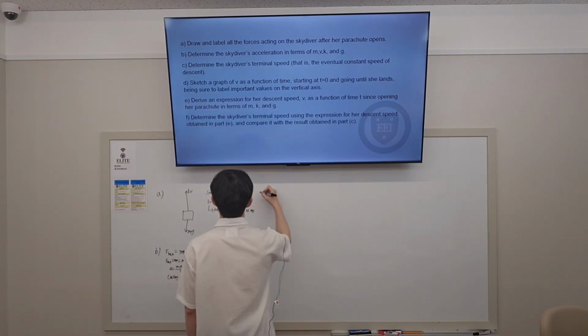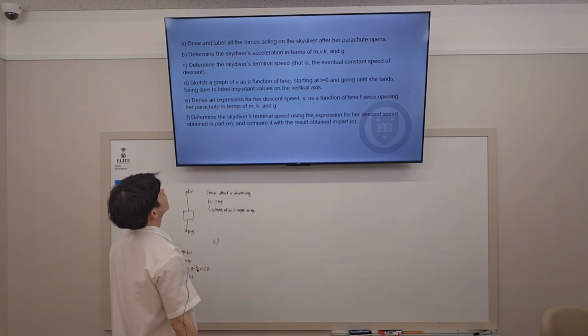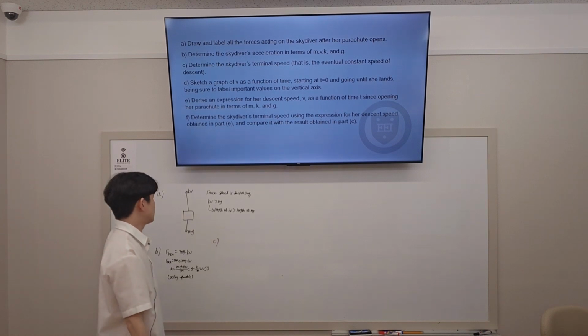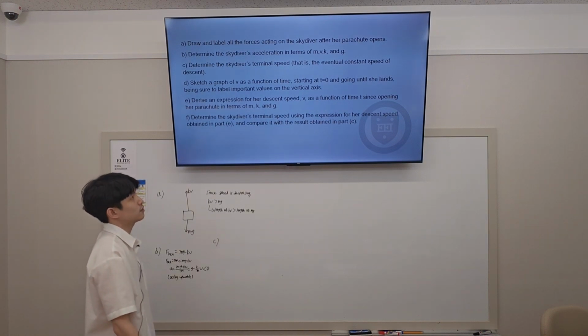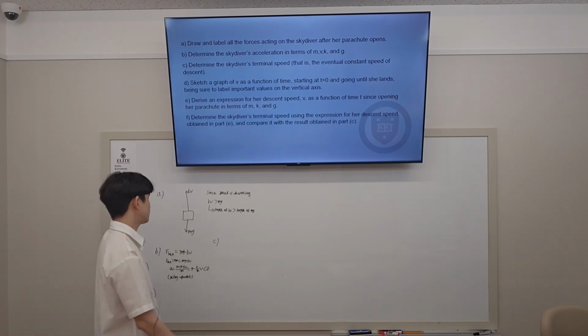Okay, then let me go on with C here. So let's calculate the skydiver's terminal speed. The definition of terminal speed is her eventual constant speed of descent.